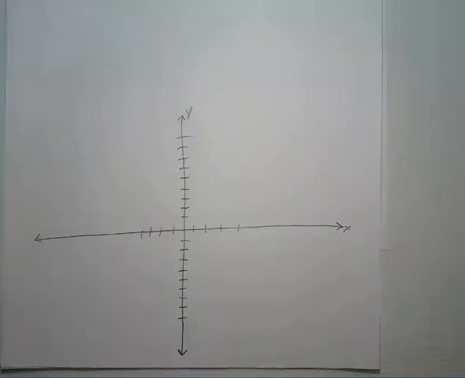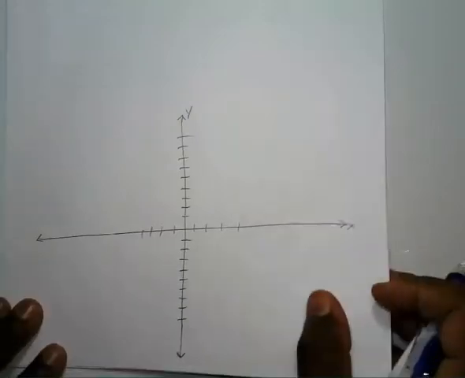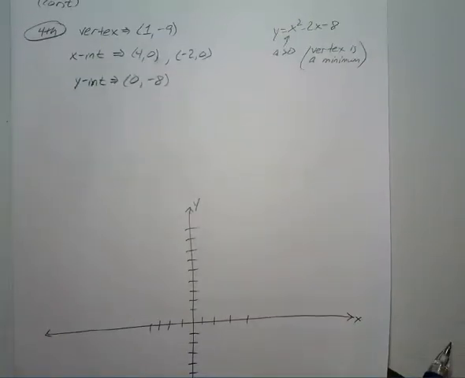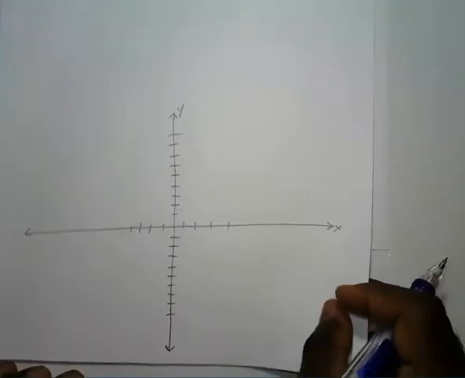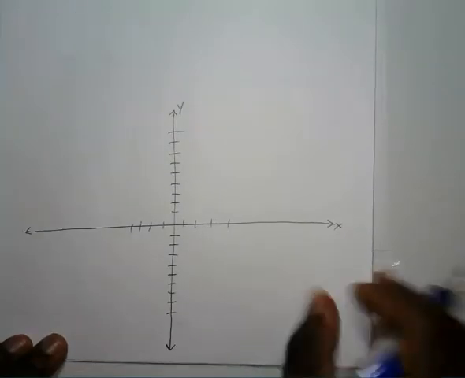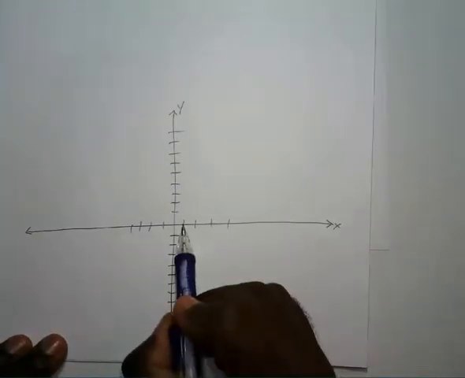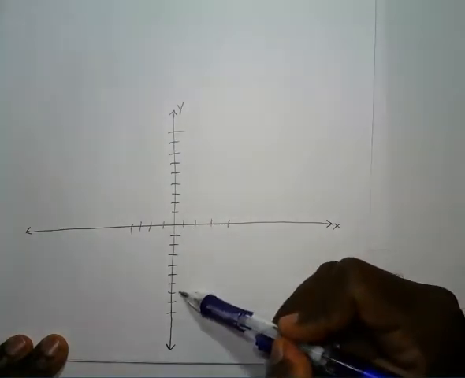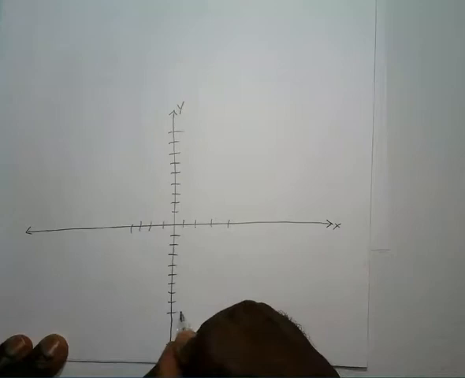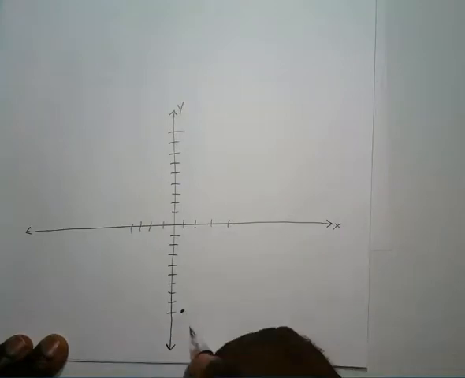Okay, so now we go ahead and we plot our vertex. Remember our vertex is 1, negative 9. Sorry about that. So we have 1, negative 9. 1, 2, 3, 4, 5, 6, 7, 8, 9. So that's about right here. That's your vertex.